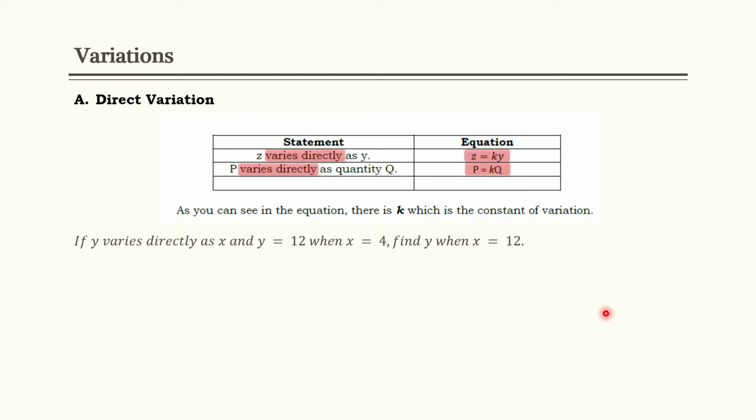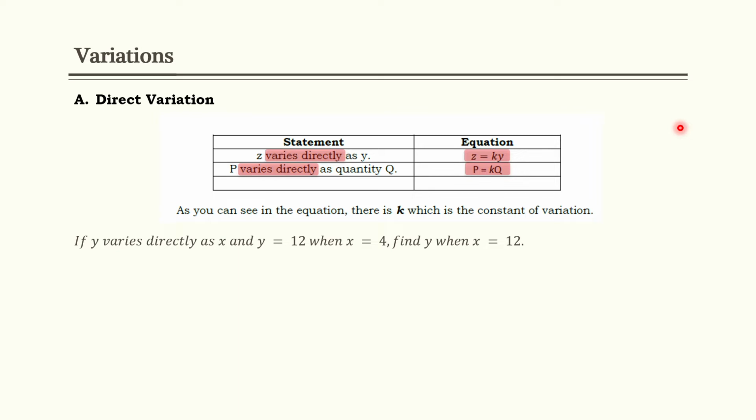Let's have an example. Y varies directly as X. If mapansin nyo, meron siyang word na varies directly, so meaning, that is direct variation. Y is equal to 12 when X is 4. Find Y when X is 12. So paano gagawin yan?